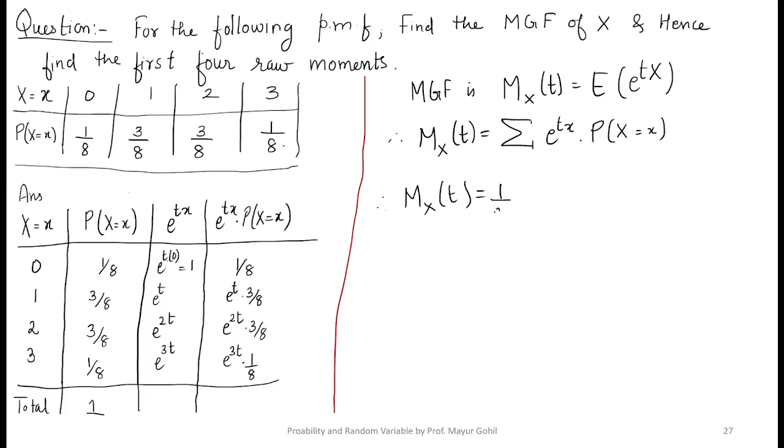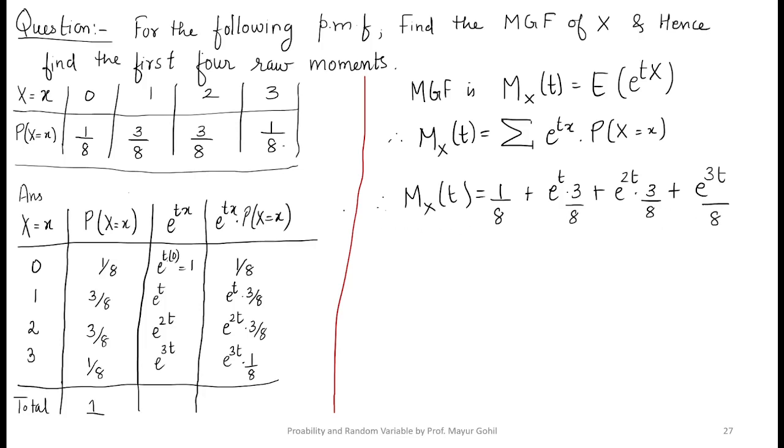So 1 upon 8 plus e raised to t times 3 upon 8 plus e raised to 2t times 3 upon 8 plus e raised to 3t divided by 8. So this is our MGF.